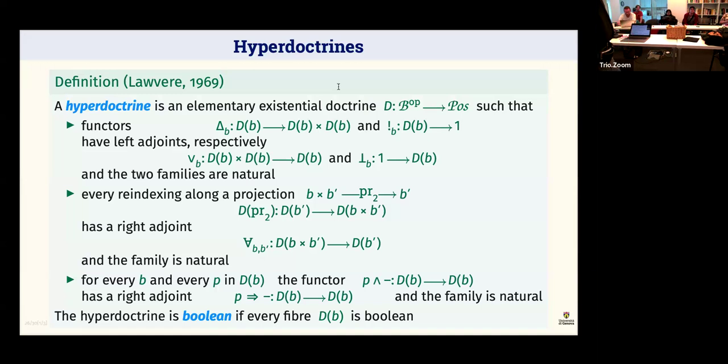But the original definition of Lawvere did not go through doctrines. It got to hyperdoctrine immediately. Then in a subsequent paper, six months later, he spoke of doctrines. Whether the doctrines were already in his mind when he wrote this paper, I don't know, possibly. The word hyperdoctrine appeared in the literature before the word doctrine.